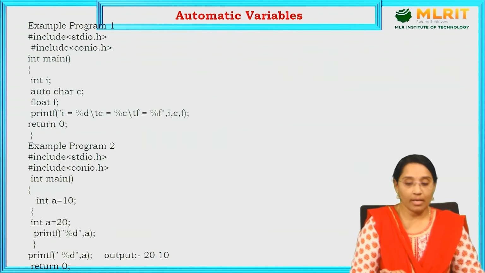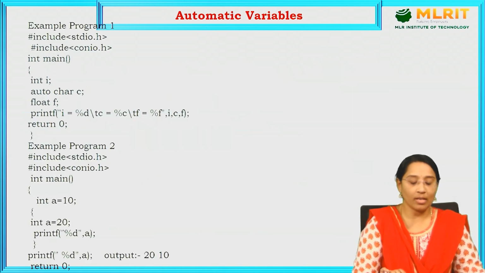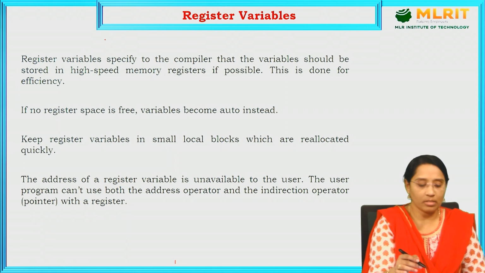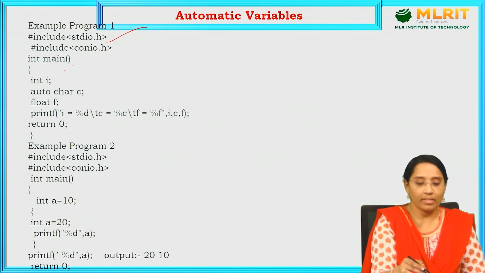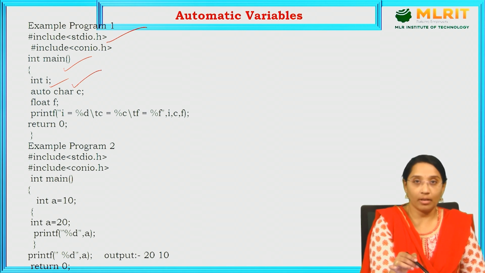So this is the example program on the auto storage class. See here, #include stdio.h, main function. int i, a variable was taken, and auto char c, so we are storing a character variable, and f is a variable of type float.